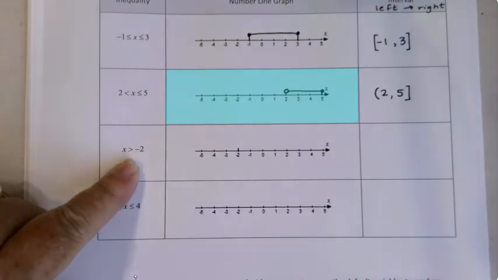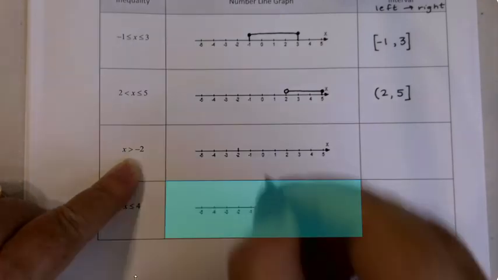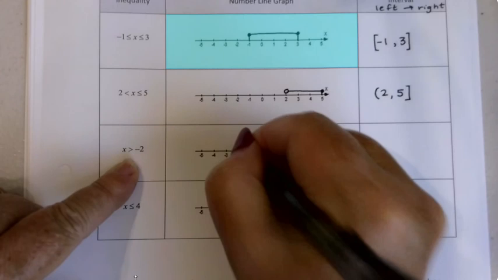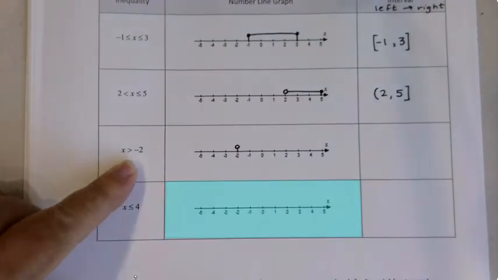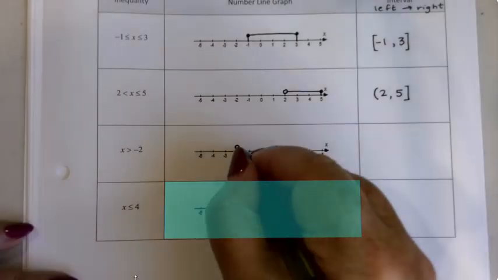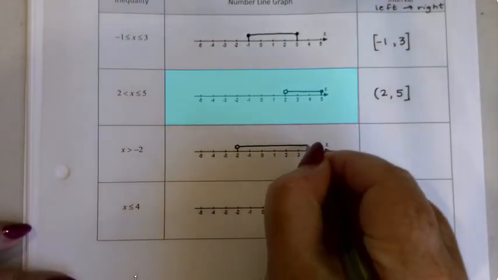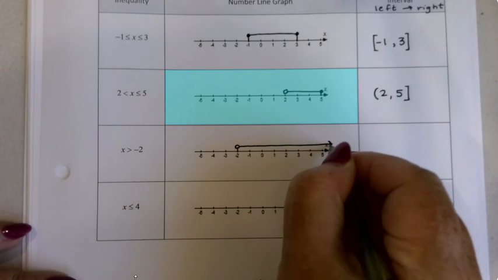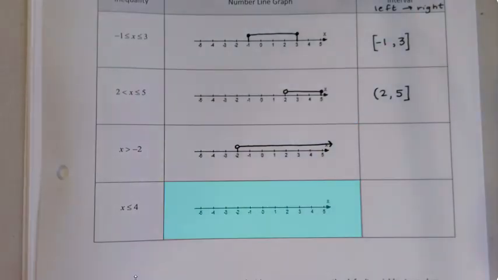Think about it. Should I be using an open circle or a closed? It's not equal to, right? Just greater than. So an open circle. Now my x's can be bigger than -2. So all these values are bigger than -2. And they go on forever. So I'm just going to show that on the number line with my arrow here.